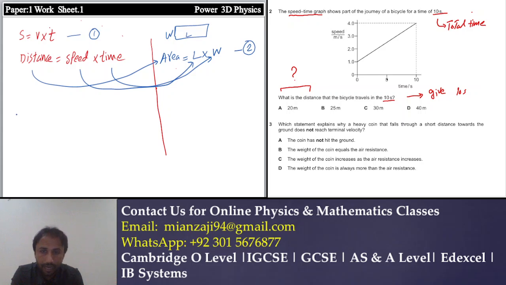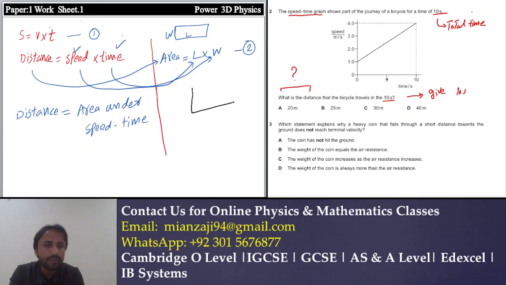It means I can write distance as the area under the velocity-time graph or speed-time graph.